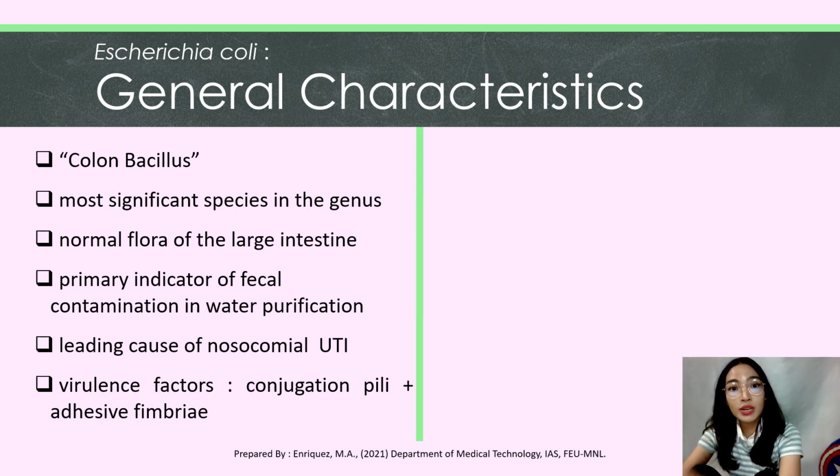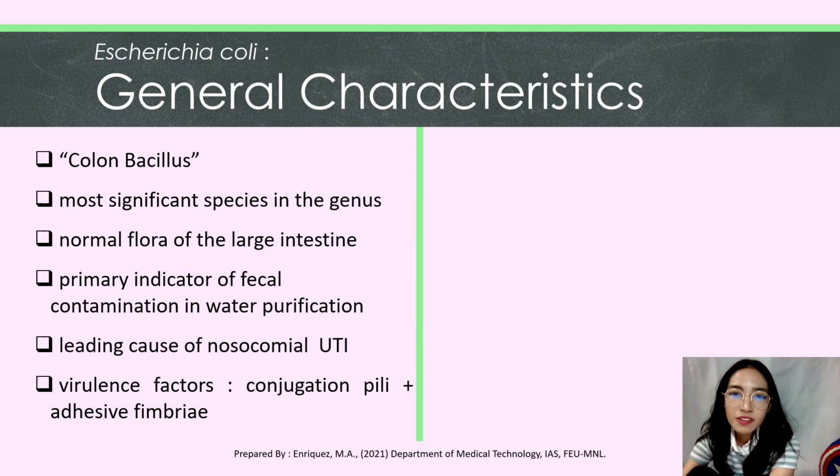Ang problema po dito, if, for example, that donor cell contains a DNA that carries the genetic code for antimicrobial resistance, pwede niya po itong ipasa to other bacterial cells that do not yet have the code for antimicrobial resistance. So isa po ito sa mga ways on how multi-drug resistant organisms are spread.